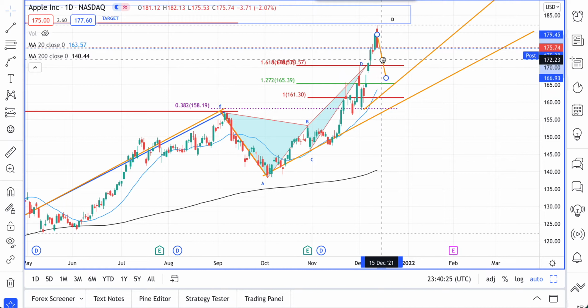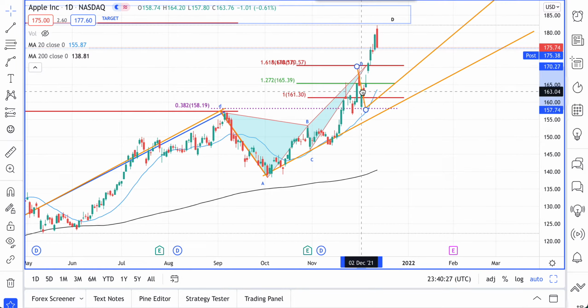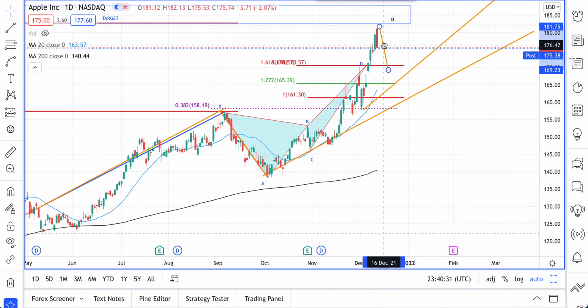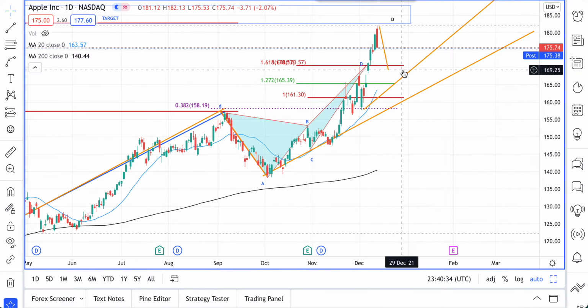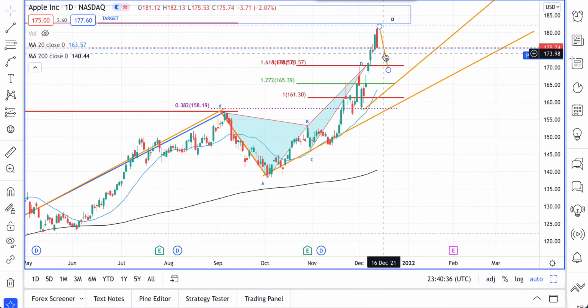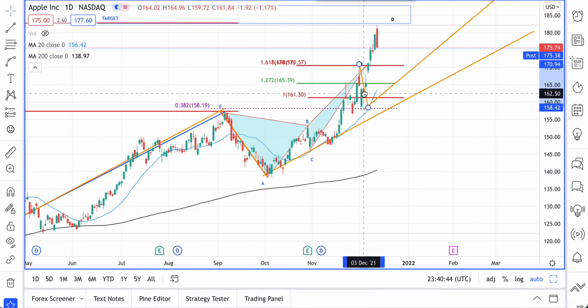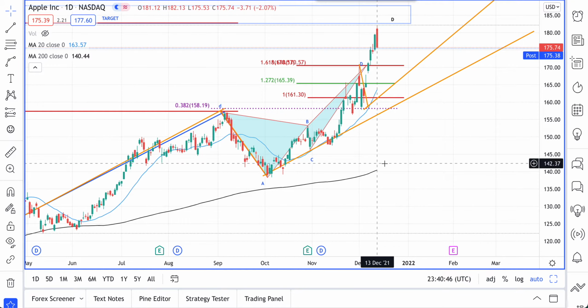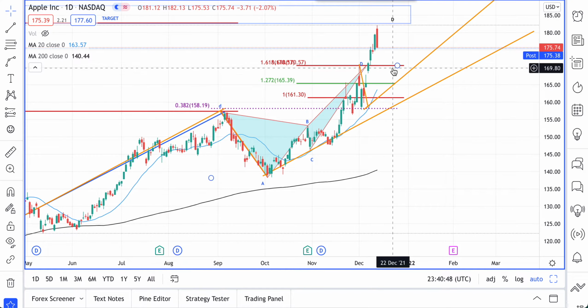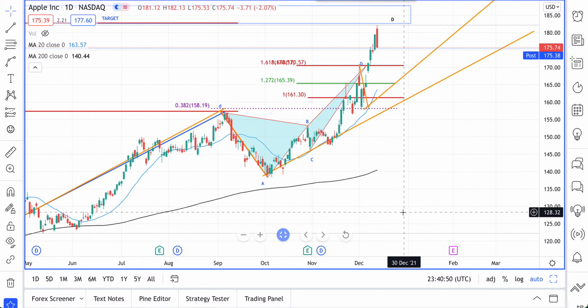This was the pullback which had taken place a few days ago. That comes around $170. So we are not that far off from that level. We are around 175 right now, so that's only about $5 from the current levels, and it could quite easily pull back another $5.